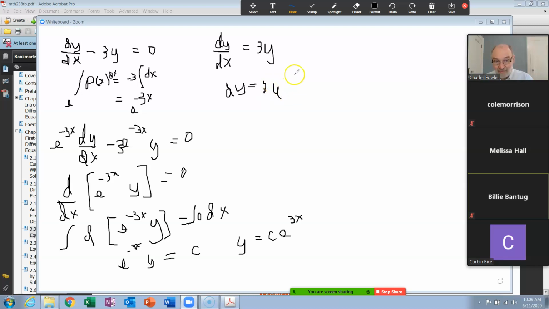It's supposed to be a y dx. Okay? Now, divide both sides by y. Okay? These go out. Now integrate both sides. And I'll keep the 3 outside the integral. You don't need it inside. What's the antiderivative of dy over y?